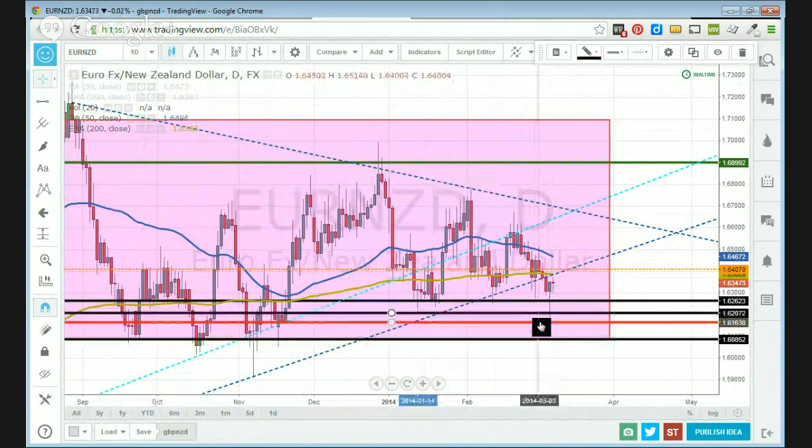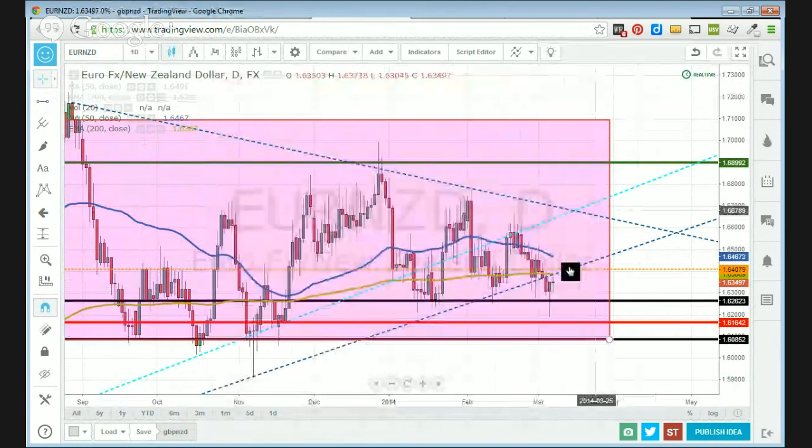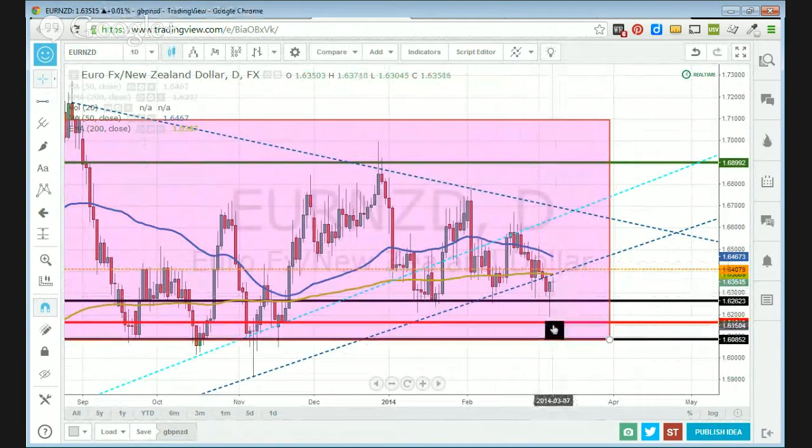I can delete this. Oh, what happened? Okay, yeah, there we go. So if we close above this dashed orange line, which is at 64.07, I'll move my stop from 61.64 to 62.62 to break even.